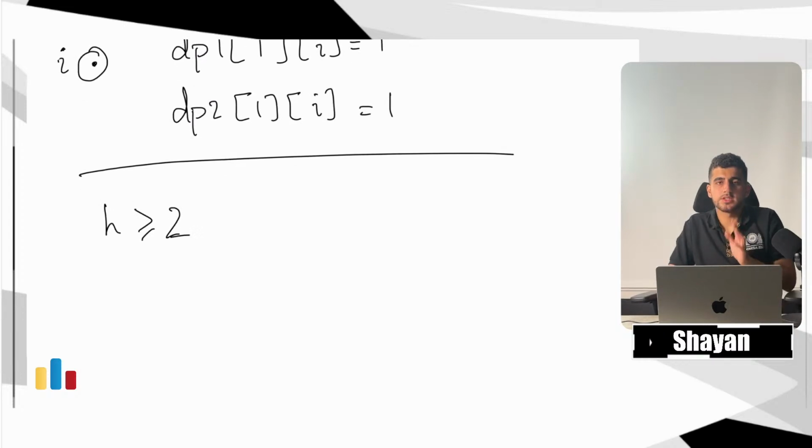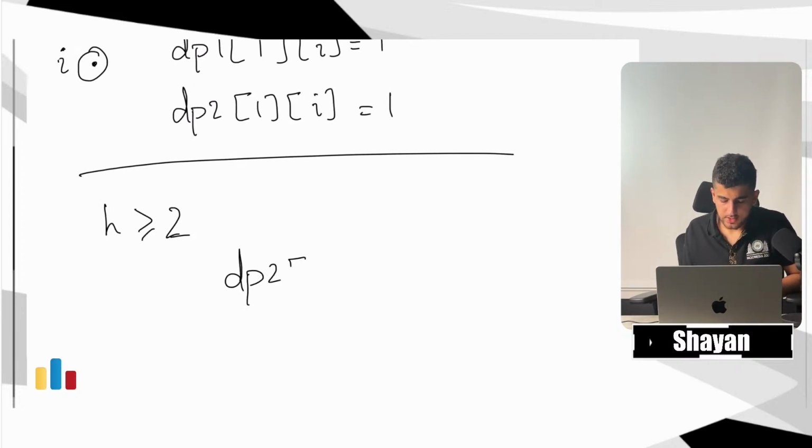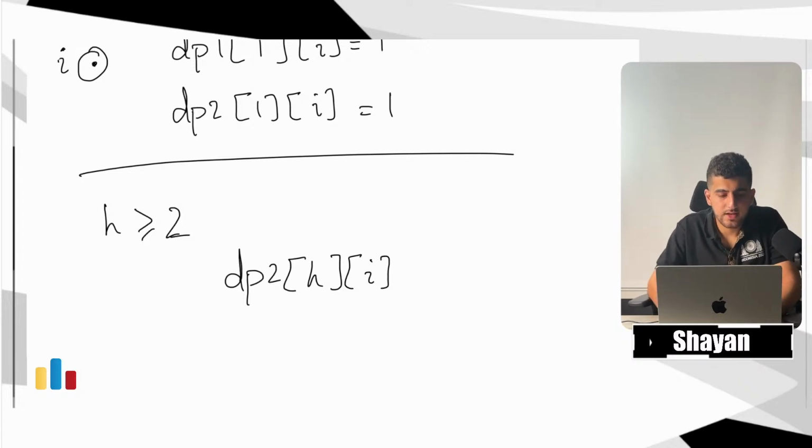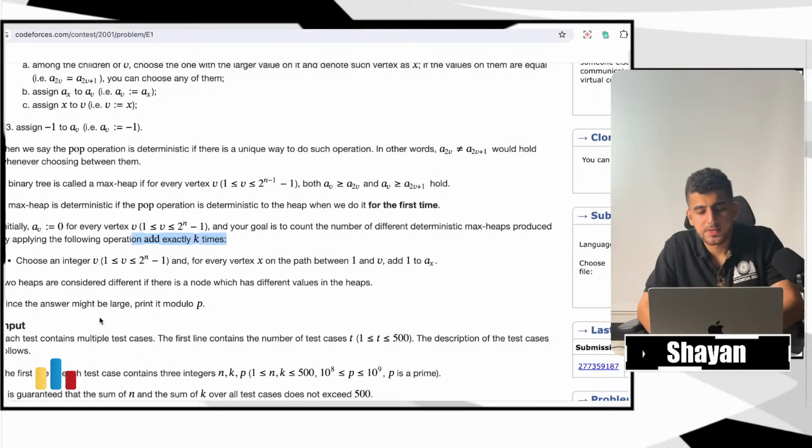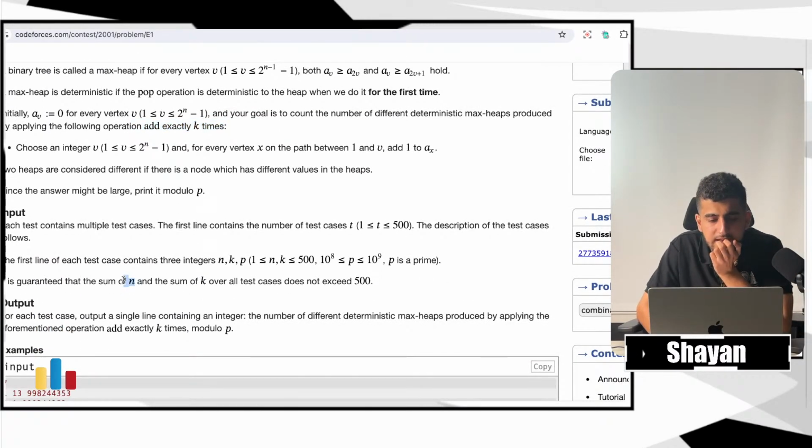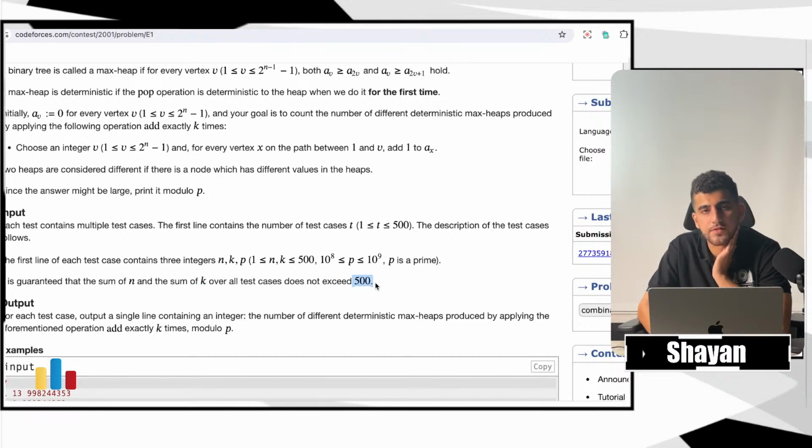Well, first let's talk about dp2 of h and i. This is simpler because we don't have any additional condition. And do not forget that in the statement, the sum of n and k over all test cases does not exceed 500.